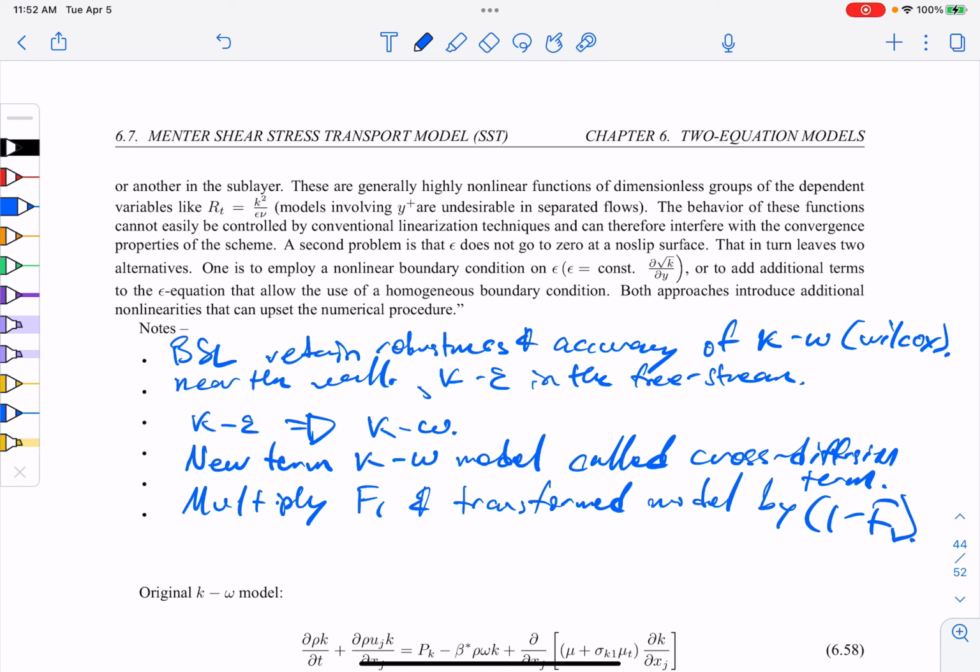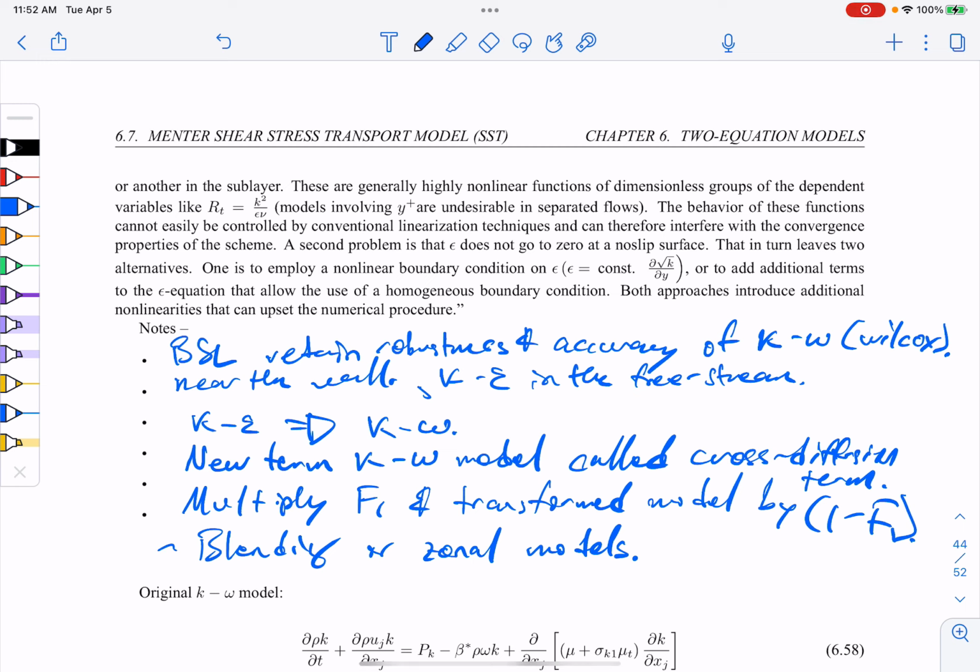So that's called blending, or zonal models, that you have different turbulence models running in different parts of the flow based on some flags or factors. And the question becomes, how do you vary f1? And of course, there's infinite choices, and some are better than the other.